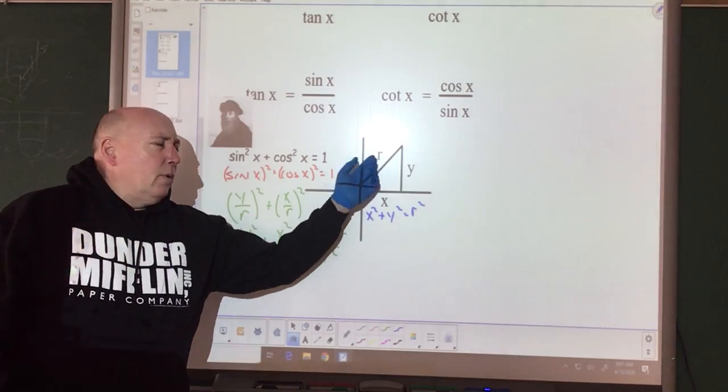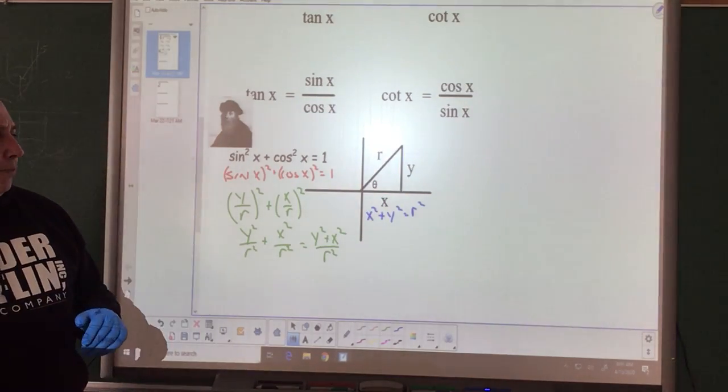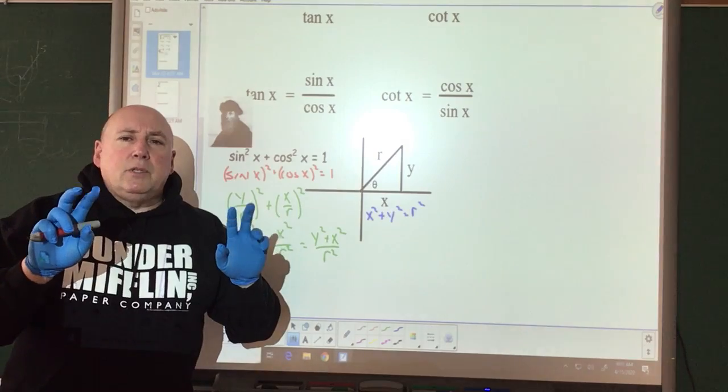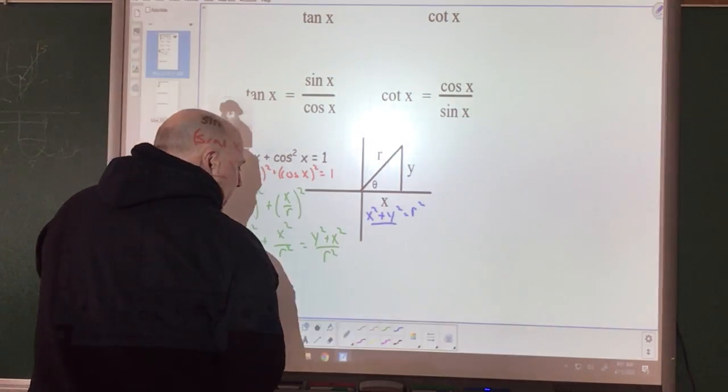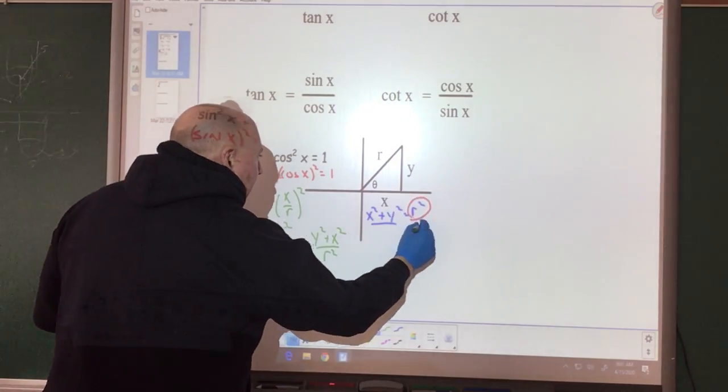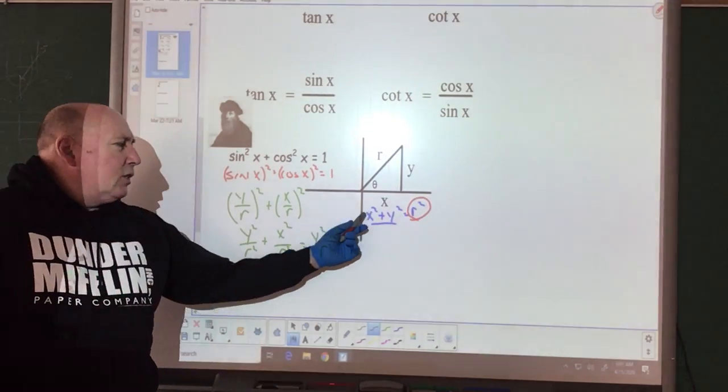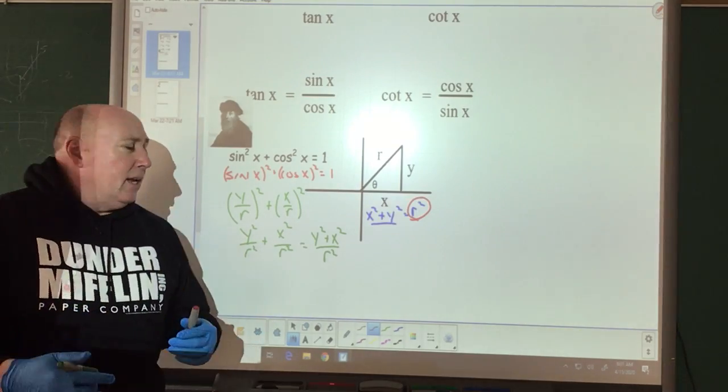Leg squared plus leg squared equals the hypotenuse squared. So using our substitution principle, wherever I see x squared plus y squared, I can substitute r squared.